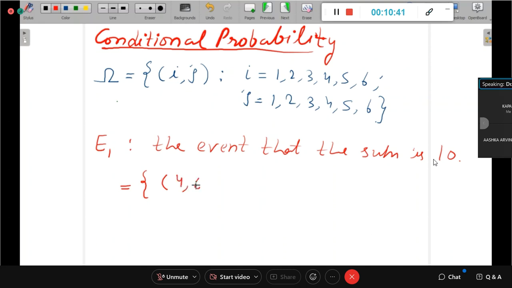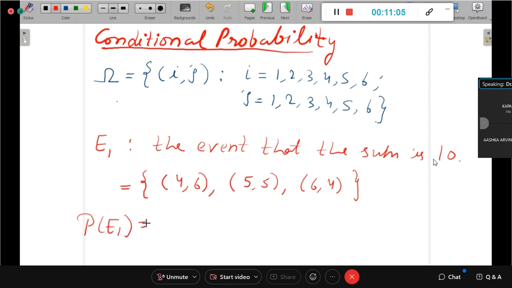Now 2 comma 6 is 8, 3 comma 6 is 9. The only possible ones are 4 comma 6, 5 comma 5 and 6 comma 4. These are the only 3 outcomes, the favorable cases to this E1.